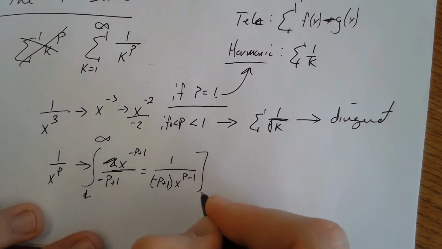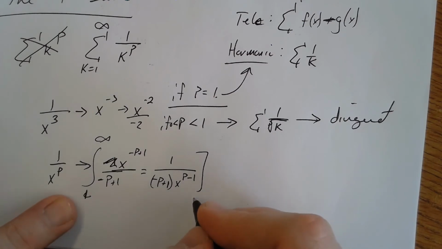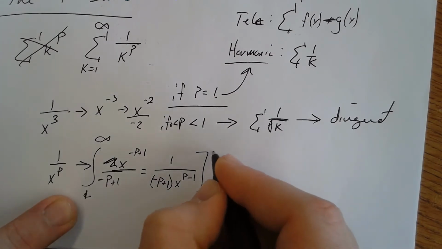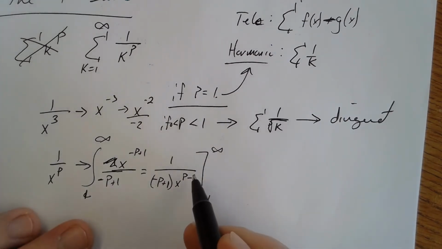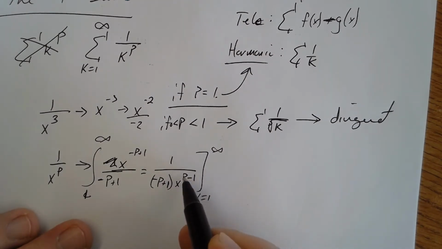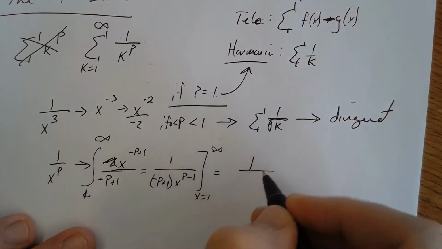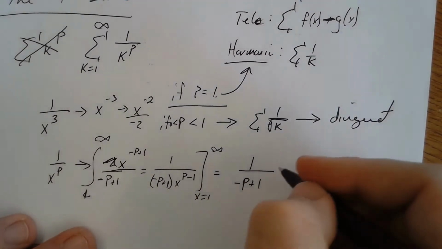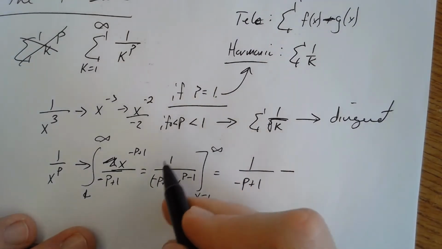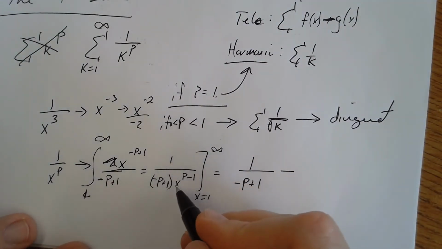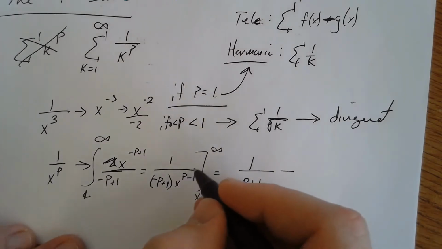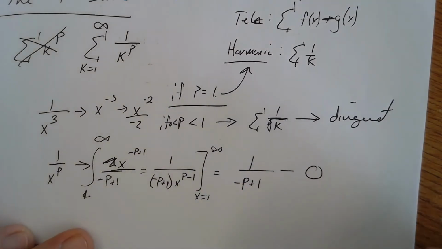Now, if I evaluate this from, again, my x values of 1 to infinity, plugging in 1 makes the exponent go to 0, so it's x to the power of 0, which is 1, and this becomes 1 over negative p plus 1, minus, as x goes to infinity, x to the power of infinity is going to go to 0. This whole term is going to go to 0, so minus 0.